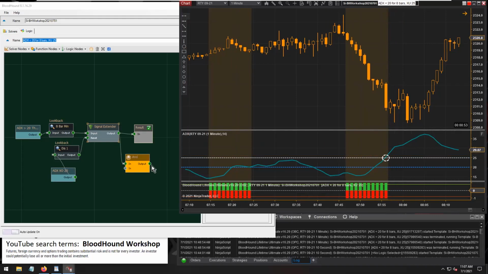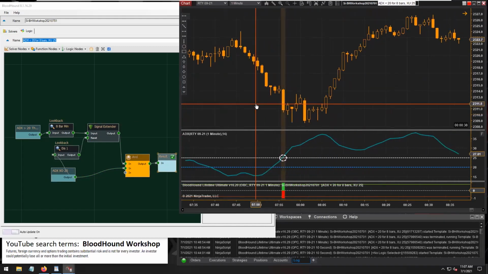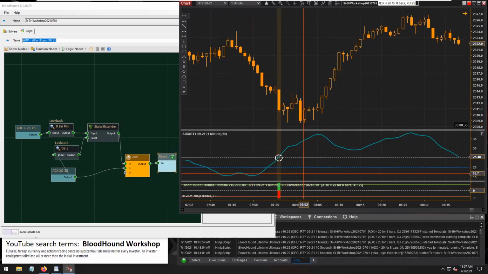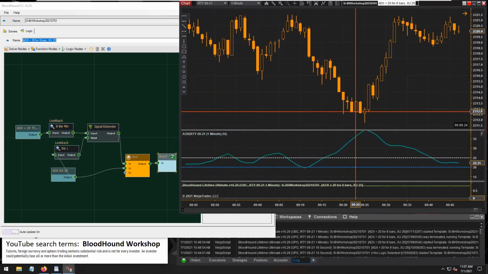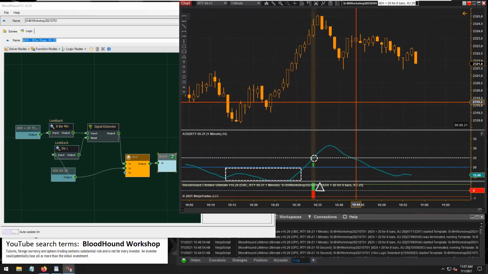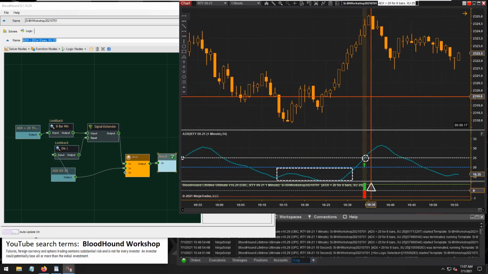So now, if I take a look at the AND node, and let me connect our crossover back in, there we go. There we have it. So there's a long and a short condition there, identifying that a trend has been established. Let's take a look at that other one. Yep, there we go. So there's another one right there.